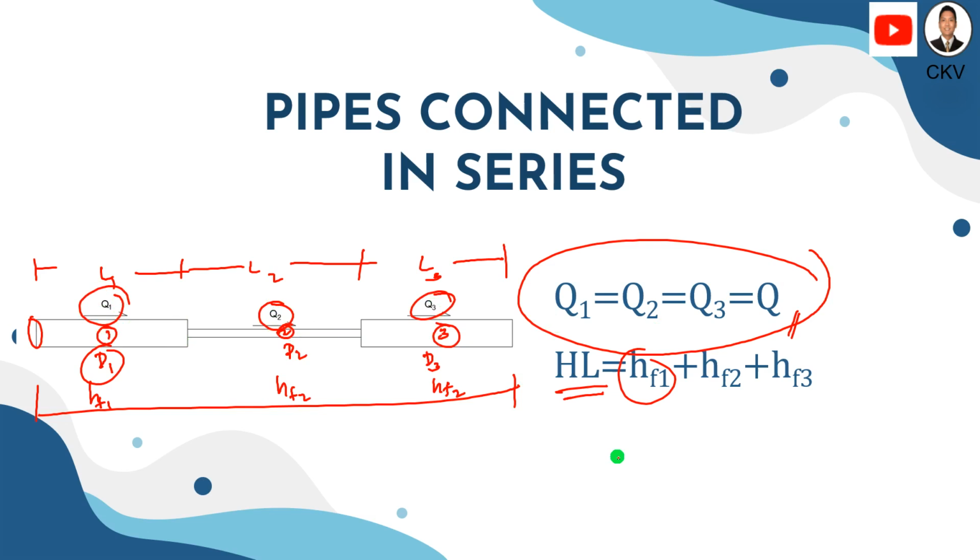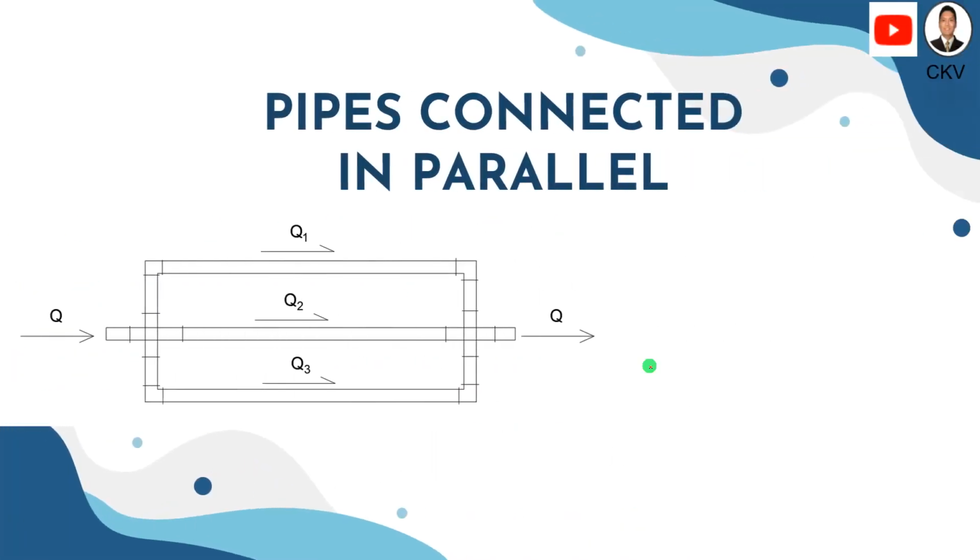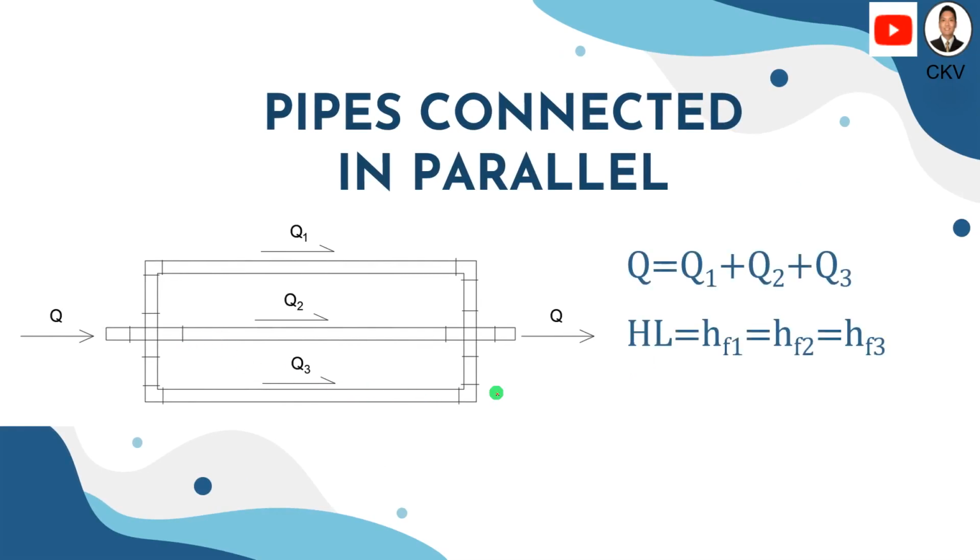So next, if we have pipes connected in parallel. For a parallel connection, say here is your inflow and your outflow at this point. So this discharge Q in the inflow, when we have three parallel pipes, is divided into three pipes.